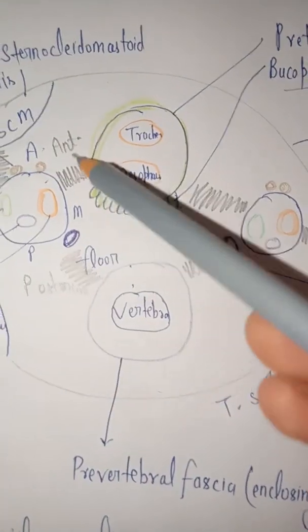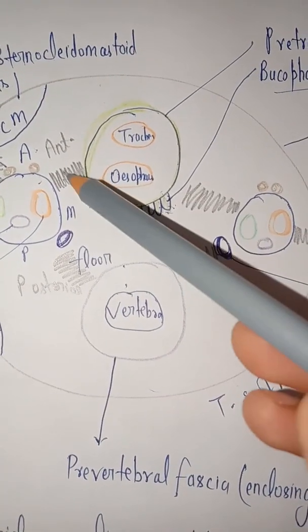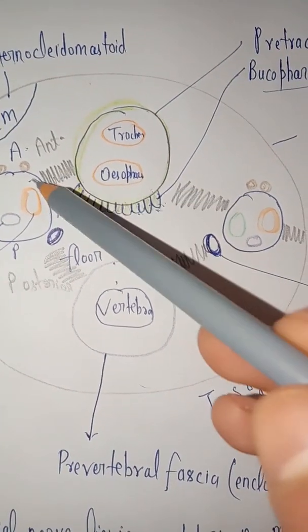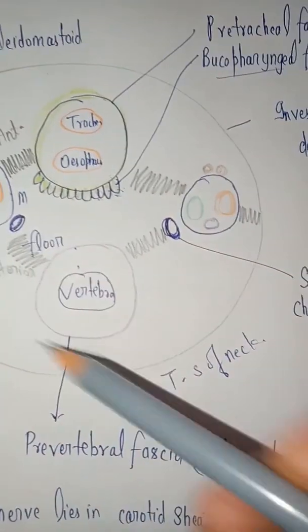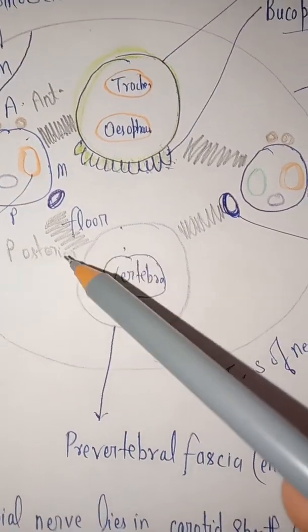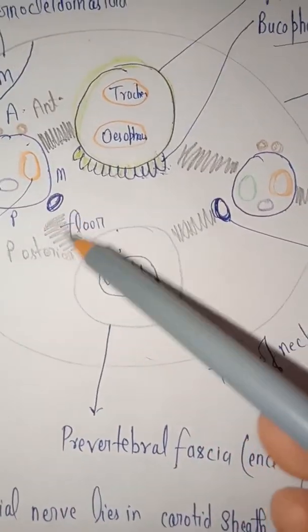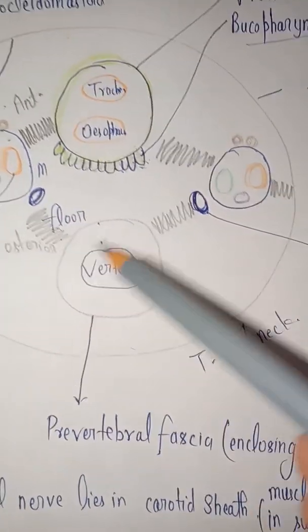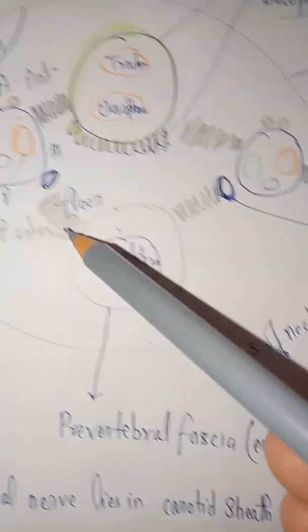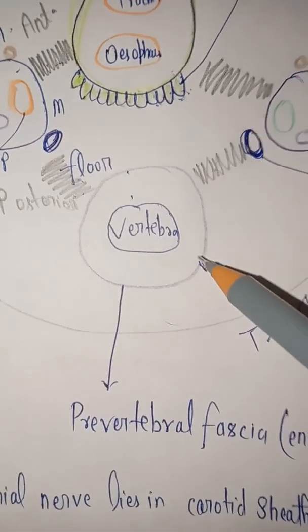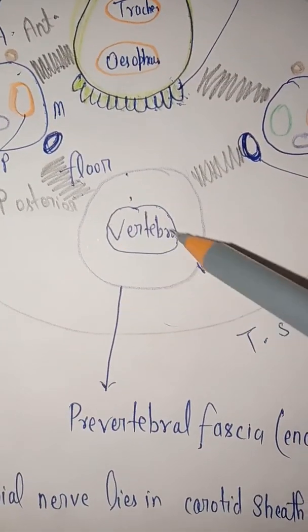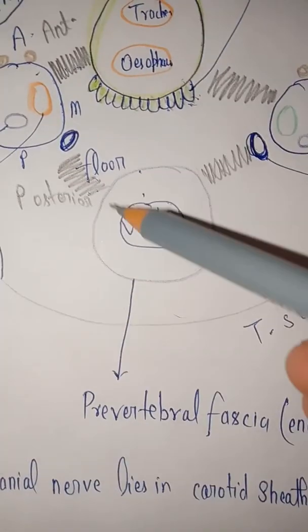Now it is the anterior side of the pretracheal fascia. This anterior side of the carotid sheath is surrounded and covered by the pretracheal fascia, while the posterior side is surrounded by the prevertebral fascia. What is prevertebral fascia? This is the prevertebral fascia. It surrounds the whole vertebrae, paravertebral muscles and paravertebral region.